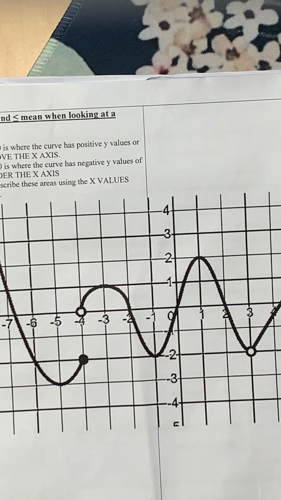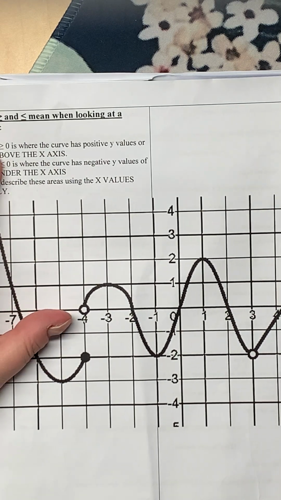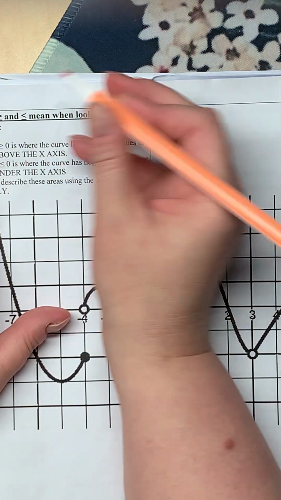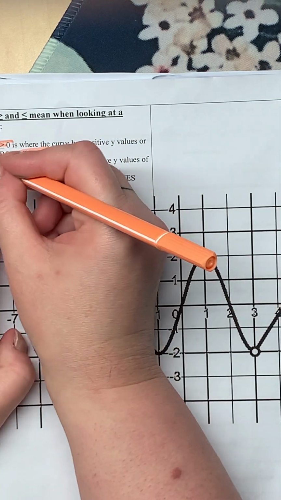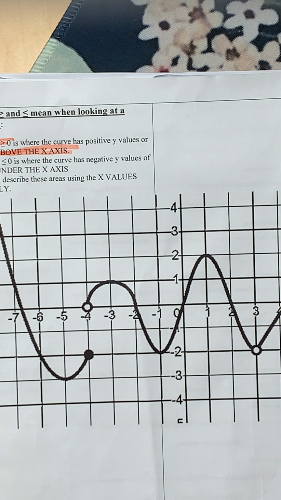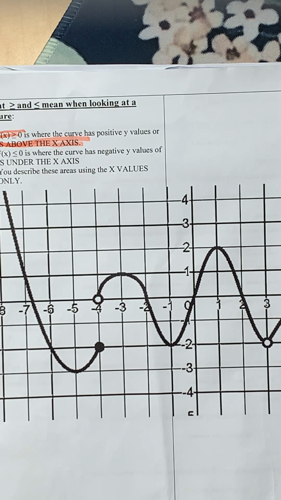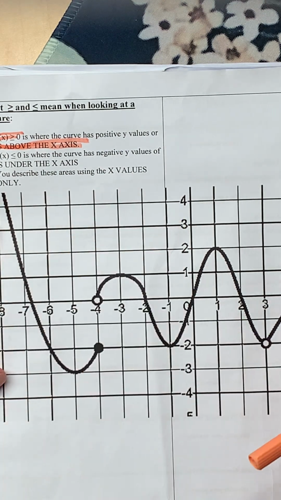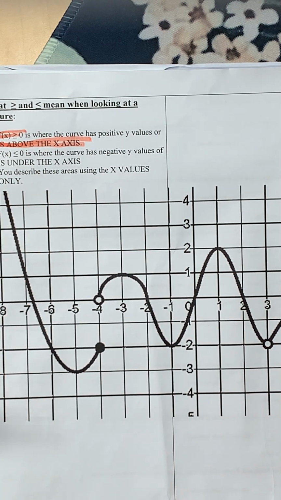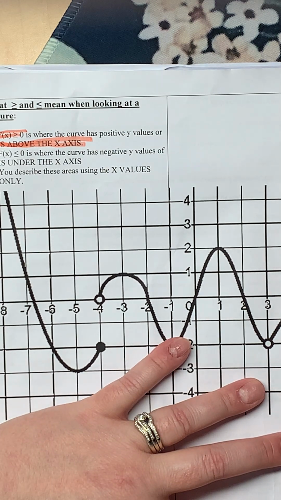Okay, so if you have f of x greater than or equal to 0, that's where the curve has positive y values or is above the x-axis. So our x-axis goes side to side. If we look at this picture, let's find the pieces that are above the x-axis.